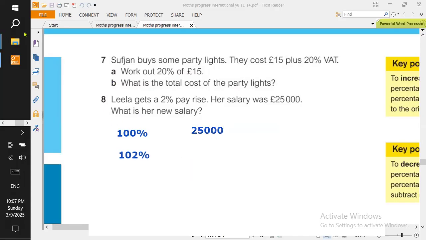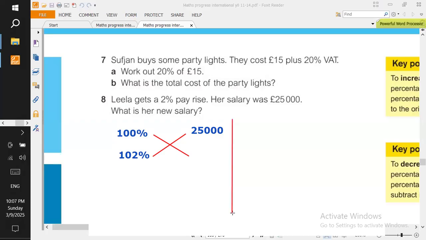I'm looking for the price after the increase, or the new salary. So basically, I just cross multiply. I'm going to put X here like this. Multiply the 25,000 by 102 and then divide it by the 100 and you'll get the answer. This is one of the methods that you can use to find the new price.